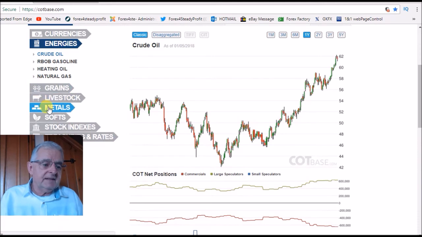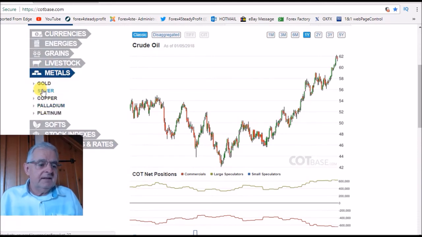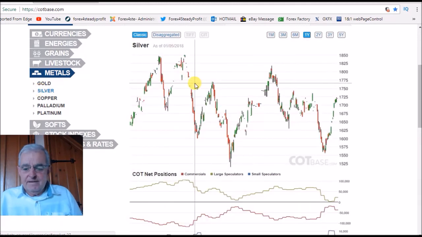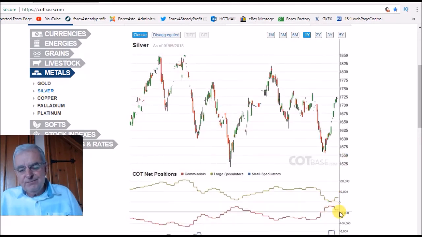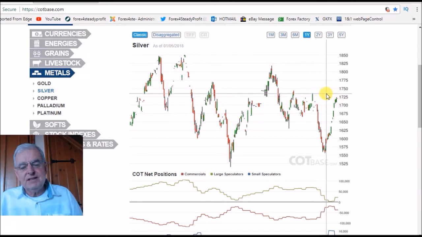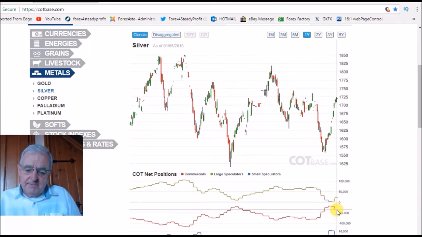What we got next? Metals, silver. I think we are about coming to the end of the upside. It does seem to be stalling about here. I've got resistance just above where we are, and it's still got a fairly bearish position.